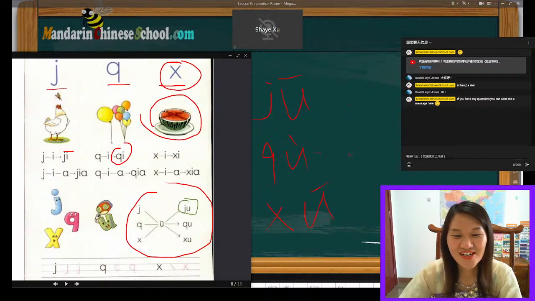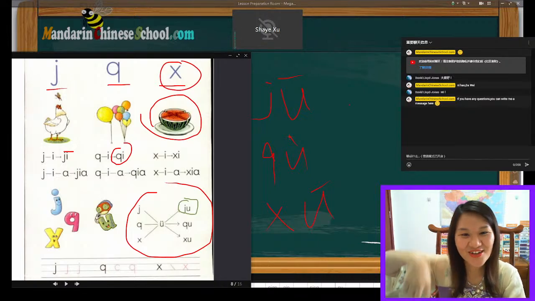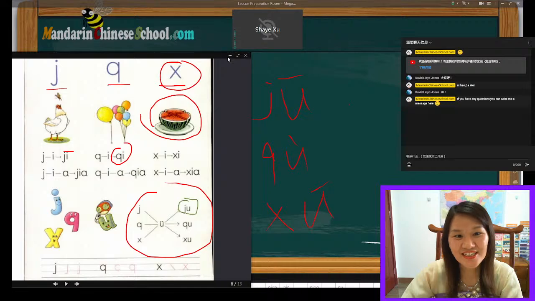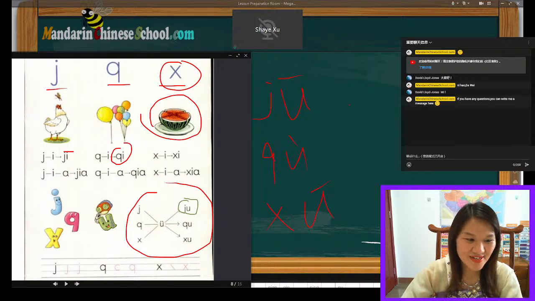The next one. This is the fourth tone, right? It's a straight falling tone. 去。Such as 你去哪儿，means where are you going? 你去哪儿，你去哪儿，right?